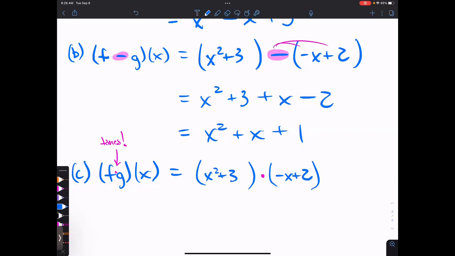So we need to multiply those two things. How do we do that?